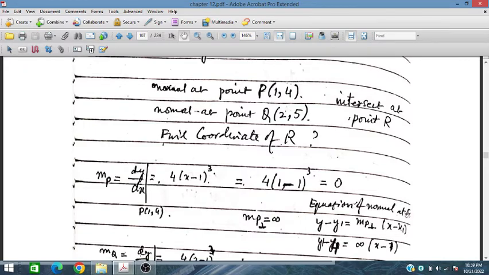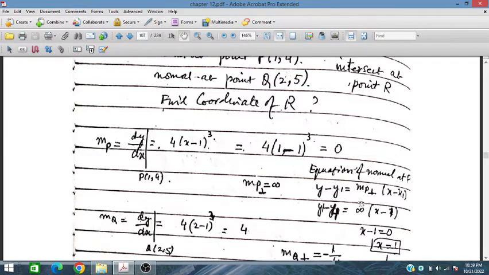So the gradient of the normal at point P is infinity, because the line is parallel to the y-axis.